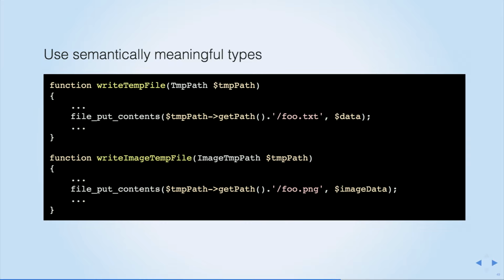And now we can look at this code and see that these two temp paths are definitely different. If we ever mix them up and try to pass the image temp path to a function that expected the normal temp path, PHP would give us a nice error saying we've mixed them up. There's no chance now that we can actually mix these two strings up because they have their own types.